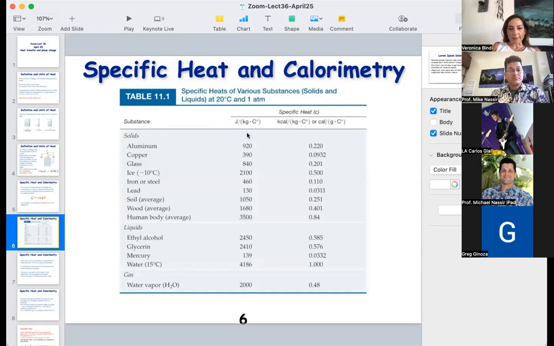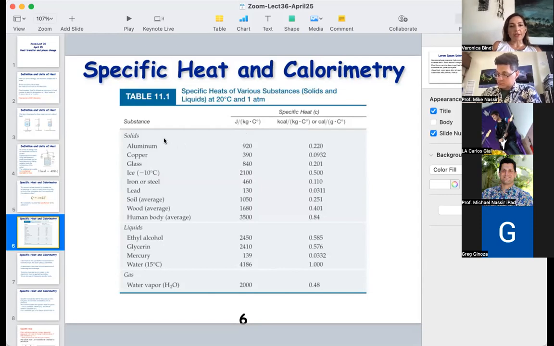So these are the units that we are used to. Or instead of joules, we also use kilocalories. So everything in the denominator stays the same, but in the numerator we have kilocalories.